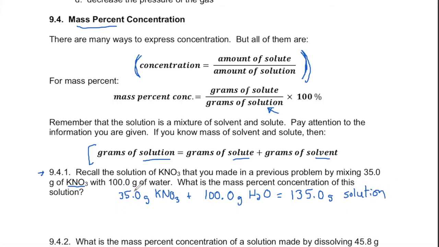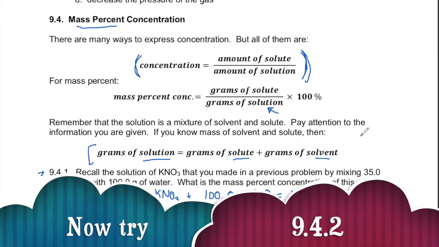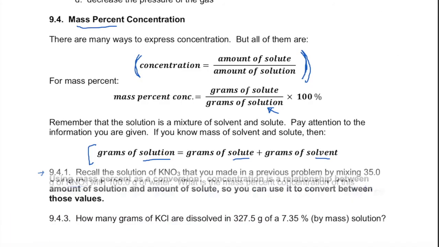So this is what needs to go in the denominator. And so to calculate the mass percent, you would put the 35 grams of potassium nitrate over the total mass of the mixture, and that would end up being 25.9% by mass. So out of the mixture, 25.9% of the mass of that mixture is due to potassium nitrate.